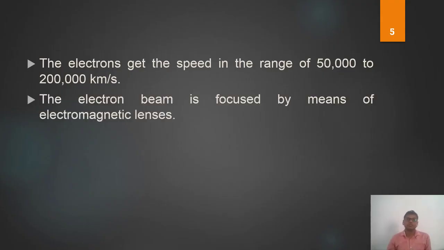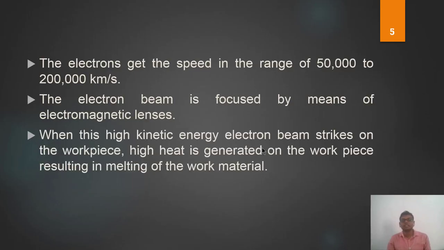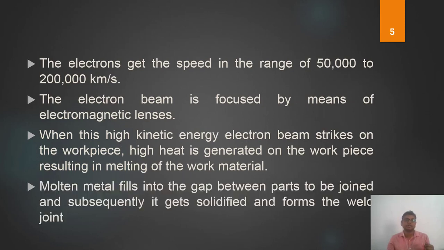Now the electron beam is accelerated already, but we need to focus it so that it can be focused on a very small surface, and not scattered here and there. For that we use magnetic lenses. That means electromagnets are used, and that makes it concentrated. When this high kinetic energy electron beam strikes the workpiece, high heat is generated on the workpiece, resulting in melting of the work material.